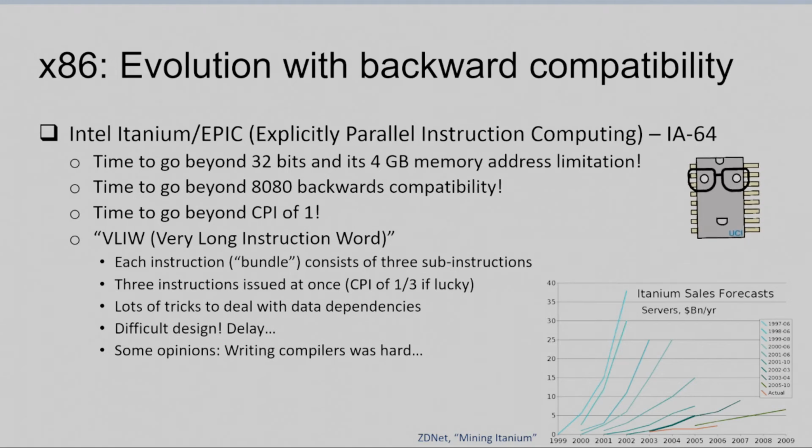So they came up with this new ISA, not backwards compatible to x86, called EPIC, Explicitly Parallel Instruction Computing, the Itanium line of processors, which they called the IA64 ISA, as opposed to the IA32 ISA, which the x386 processors brought about.